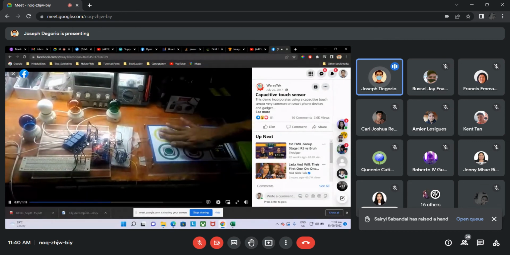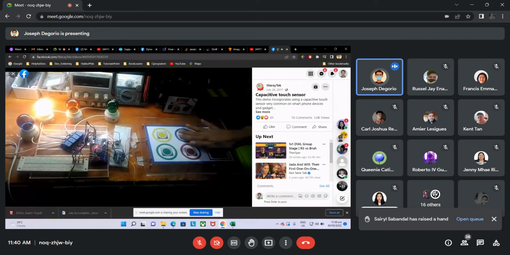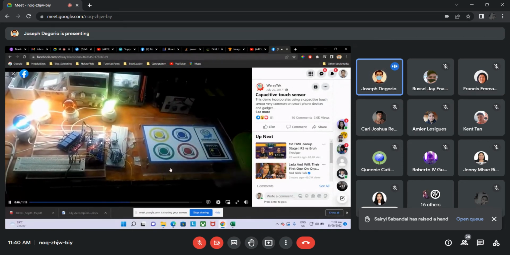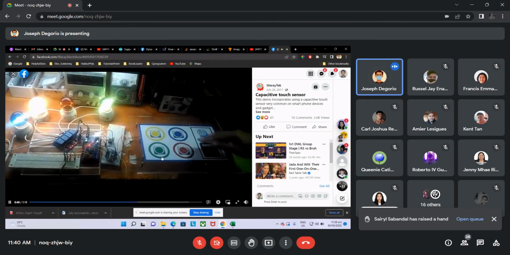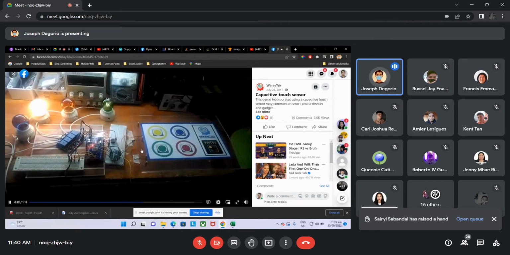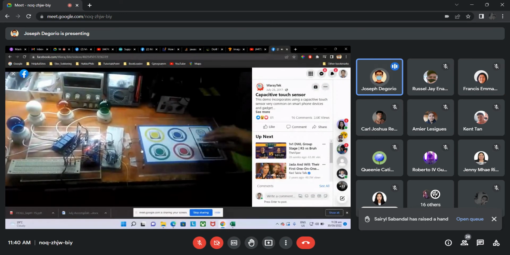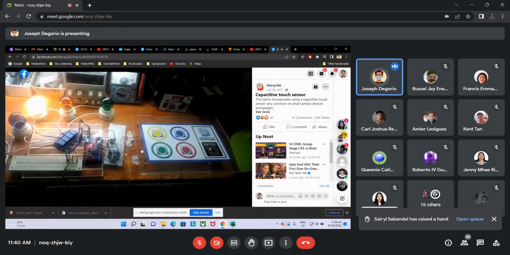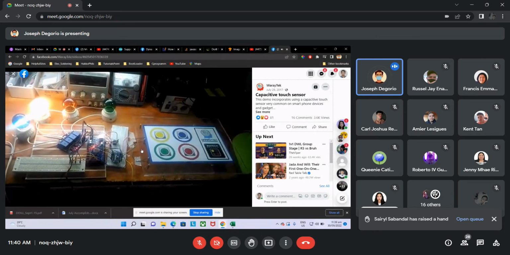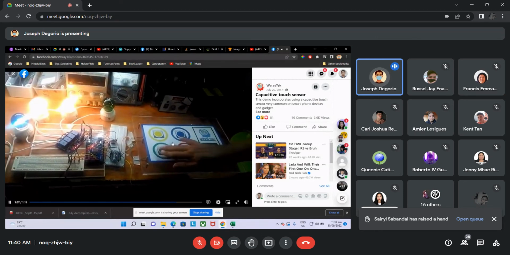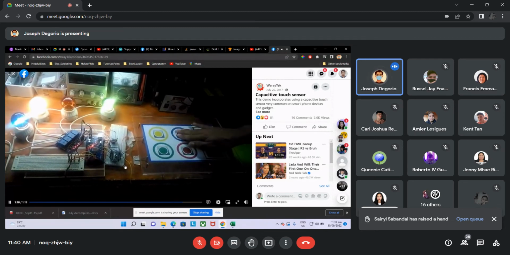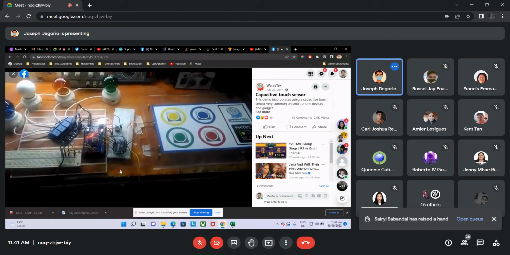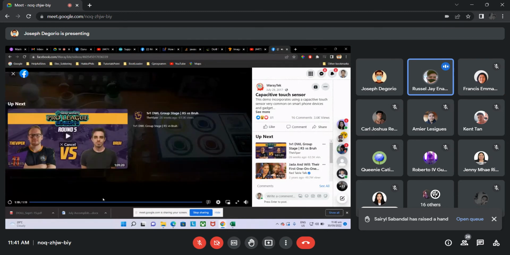So instead of turning on a bulb with a switch, we just have this touch panel. Remember, this is plastic. The advantage of this kind of touch pad is that mechanical switches can be corroded over time, but this one will not corrode because there's nothing mechanical. Do you understand? Any question? Yes, sir. Okay.